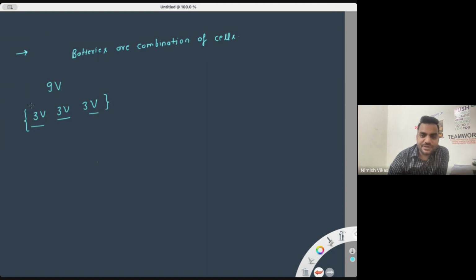The battery which we use inside the TV remote, we call a cell because that's a single unit. But what you use for an inverter, we call a battery because there are multiple cells fitted inside it. Multiple cells make a battery.